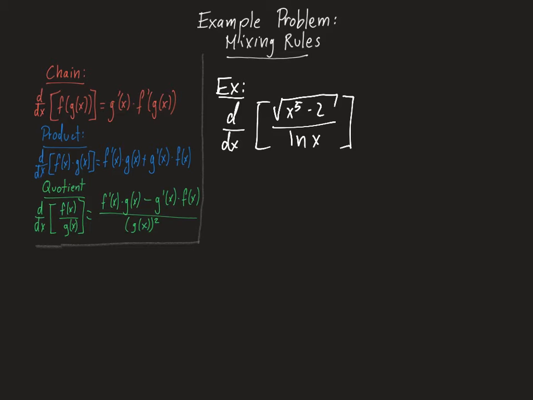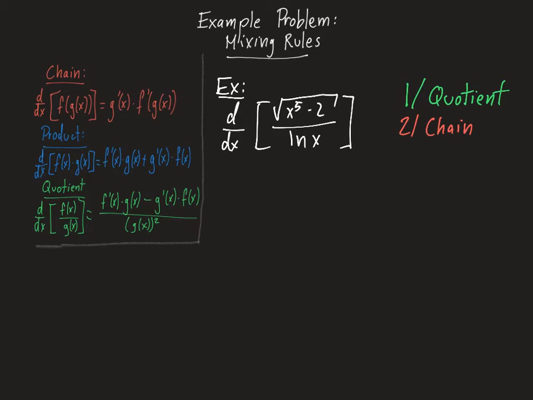Okay. So, the very first rule, the outside rule, that we're going to need to use here is a quotient rule. We have two functions which are being divided one by the other. And inside this quotient rule, we're going to have to do a chain rule. The reason for that is that the numerator in this fraction actually consists of two nested functions.